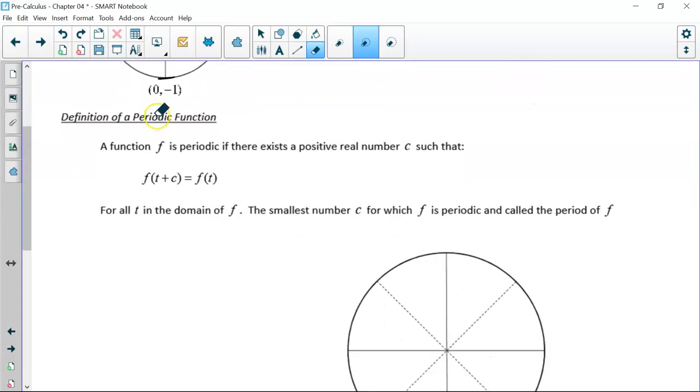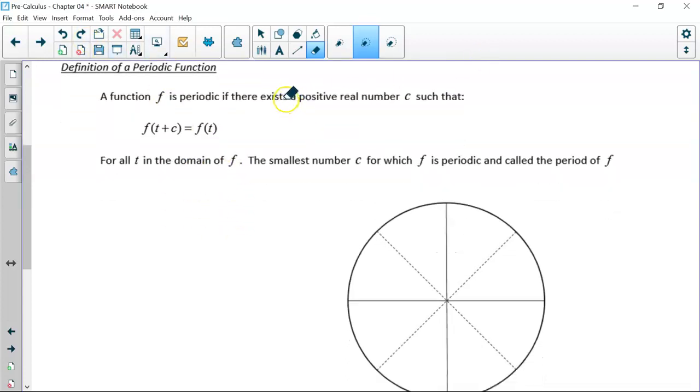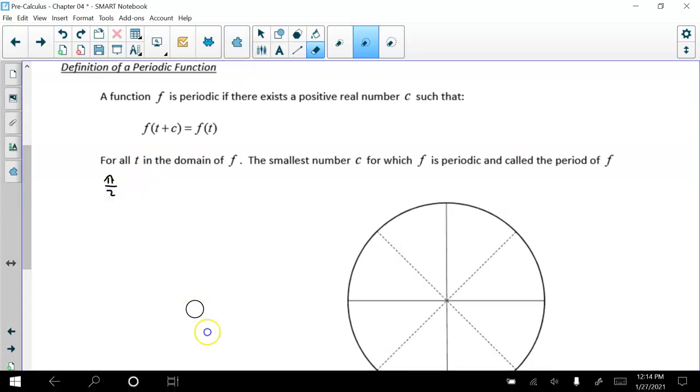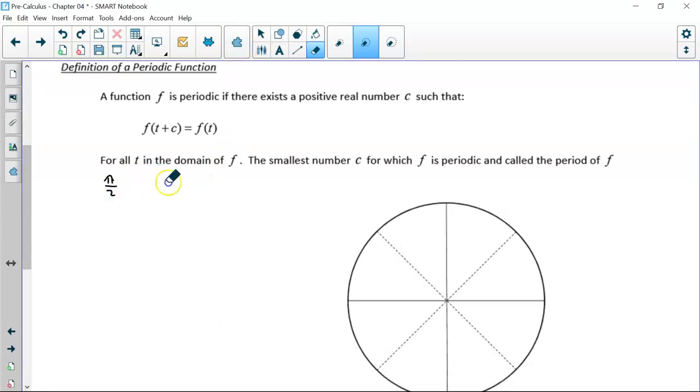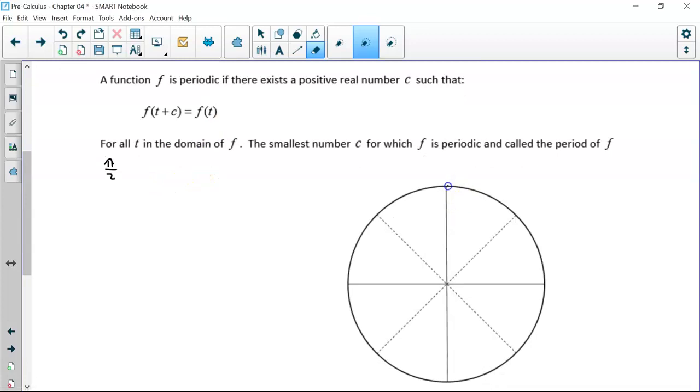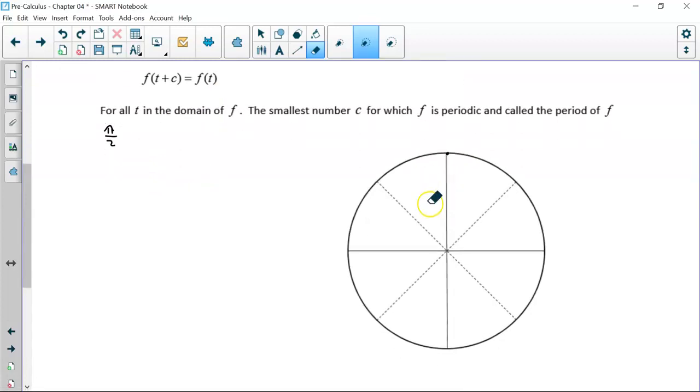Now, sine and cosine are periodic functions, so what happens is that it's just going to keep repeating itself as you keep going around the circle. So what I mean is if we have pi over 2, pi over 2 is going to land on the unit circle right here.